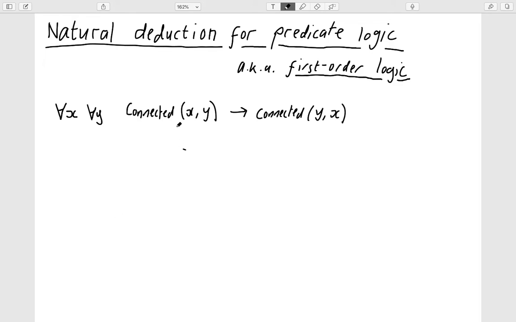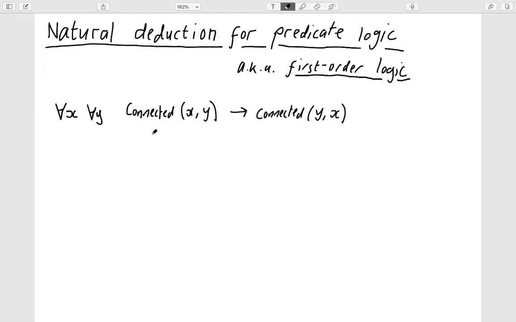So in order to say this, we've got our variables ranging over devices. We have this connected relation here, and this is part of the vocabulary for expressing formulas and that is called a predicate or a relation symbol because it expresses a relation, in this case the connectedness relation.